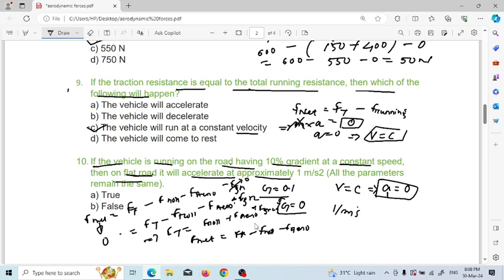As all the parameters are the same, F traction will be the same. So after calculating from equation 1 and equation 2, F net is equal to mass into acceleration of the vehicle, which is equal to F gradient.